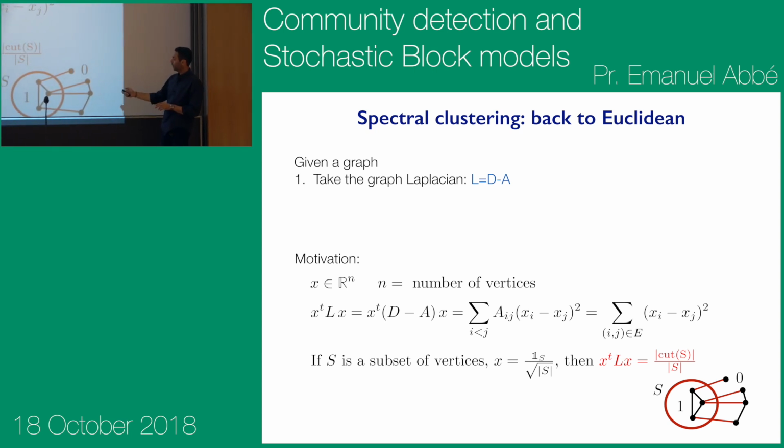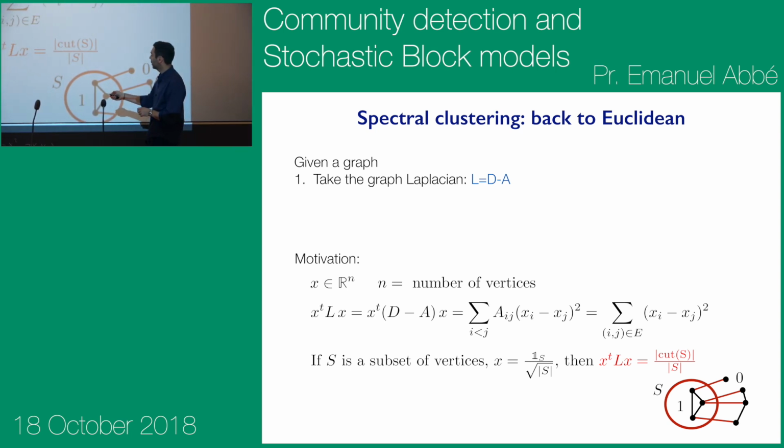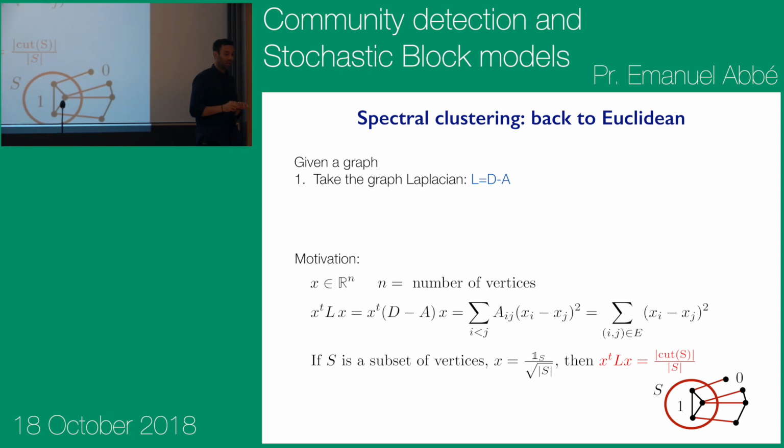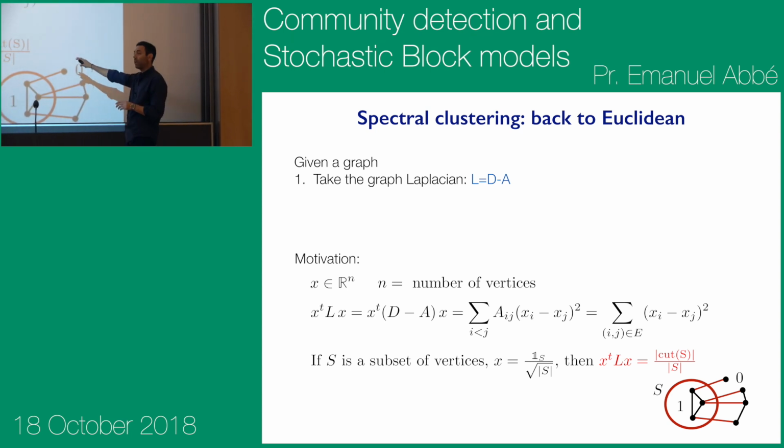So that's the red formula here, and it is why the Laplacian is nice. Because when you look at this x transpose Lx, then for vectors of this form, you are exactly measuring how many edges are leaving my set, normalized by the size of the set. And this is exactly something that preserves what I said at the beginning.